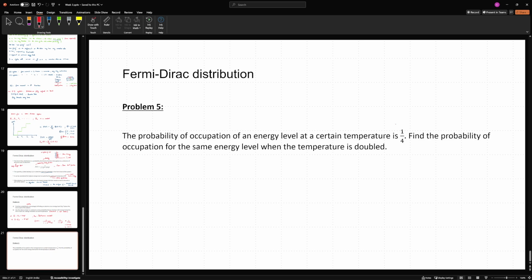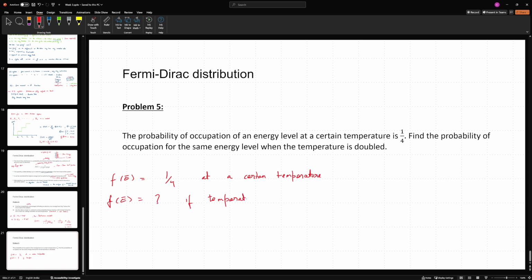Yes. So now this is a question we can solve. We are told that f of E is equal to 1 by 4 at a certain temperature. Now, the question is, what is f of E if temperature is doubled?